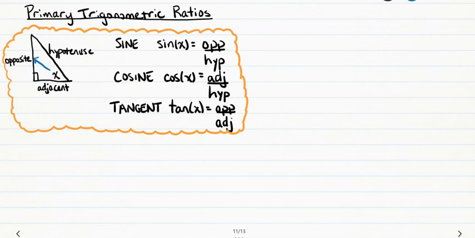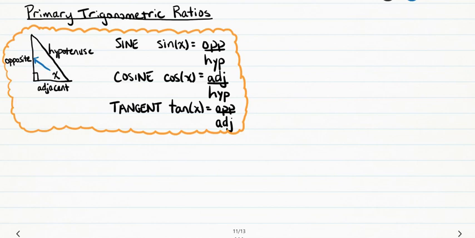So we have three primary trigonometric ratios: the sine ratio, the cosine ratio, and the tangent ratio. And they're defined as follows. The sine ratio of a reference angle, x, is equal to the ratio of the opposite side over the hypotenuse side. The cosine ratio of a reference angle, x, is defined as the adjacent side over the hypotenuse side.